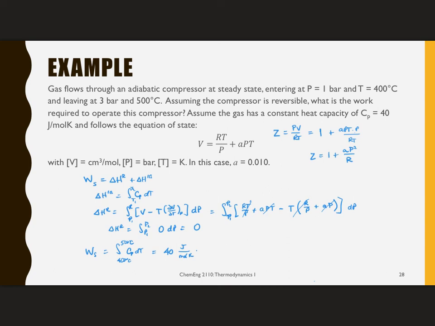Delta T is 100 Kelvin or degrees C. Remember, delta T is the same in either one of those. Therefore, this is simply 4 kilojoules per mole. Now, obviously, there are more complex examples, but again, you can read those in your book or try them on your own. But this is the process that you need to follow. So this concludes Chapter 6, and I thank you very much for your time.